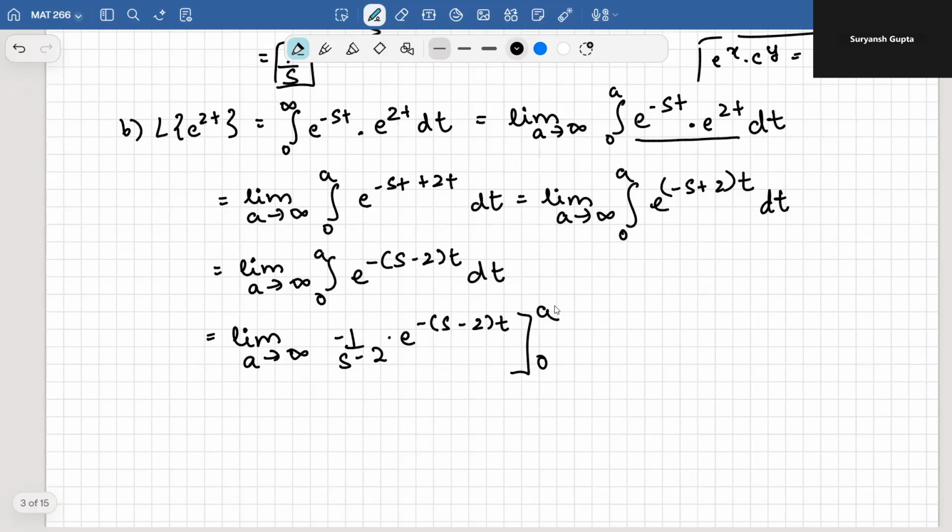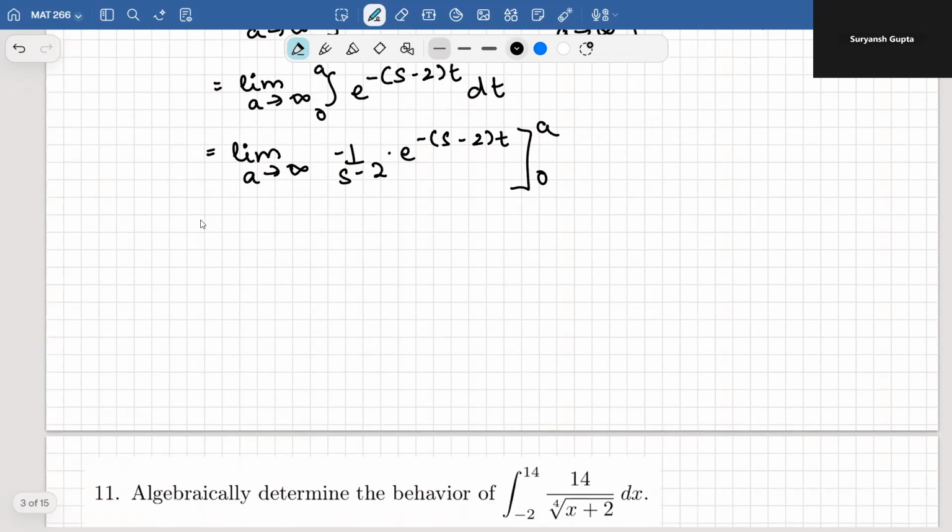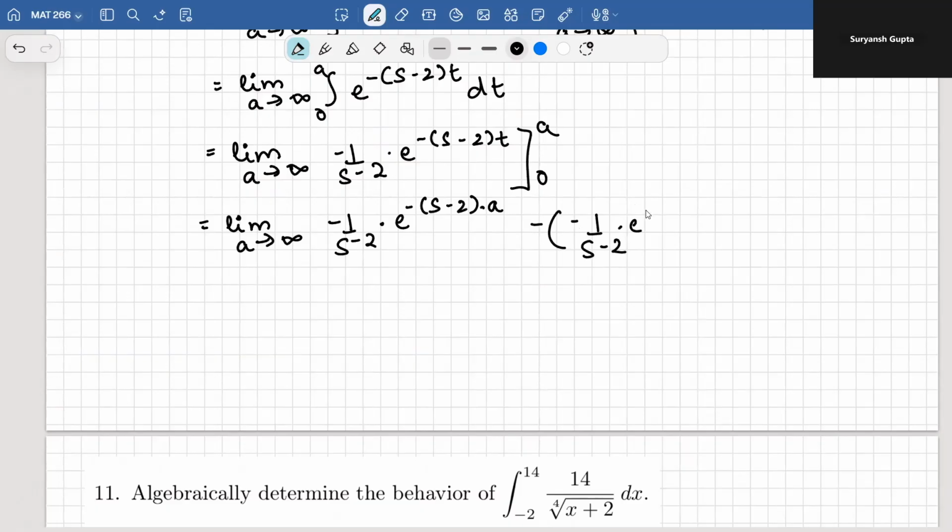So now I can just plug in my bounds and I get limit of a tends to infinity, minus 1 by s minus 2 times e to the power minus (s minus 2) times a, minus minus 1 by s minus 2 times e to the power minus (s minus 2) times 0.